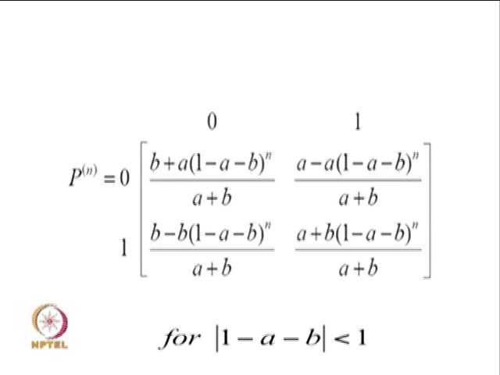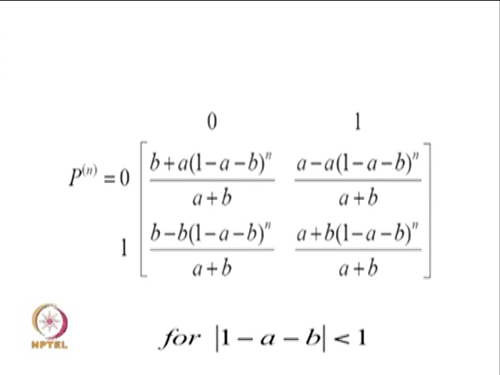Similarly, the n step transition probability from 1 to 0 is b minus b times (1 minus a minus b) power n, divided by a plus b, and from 1 to 1 is a plus b times (1 minus a minus b) power n, divided by a plus b.